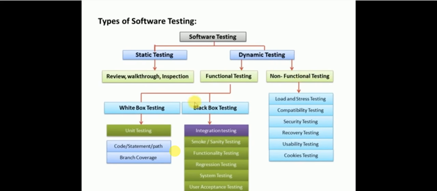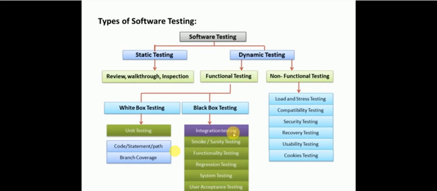What black box testing covers is integration testing. Integration testing is when you integrate two different units of code which have already passed unit testing. If you integrate two or more units, integration testing will be performed, checking the requirements for flowing data from one unit to another unit.